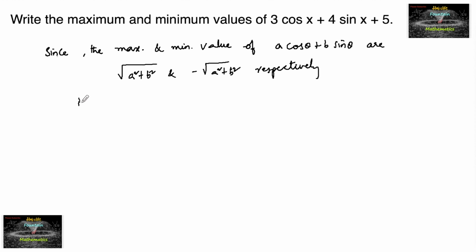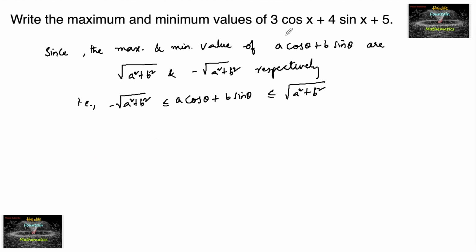So that is, a cos theta plus b sin theta lies between minus root over a square plus b square and plus root over a square plus b square.